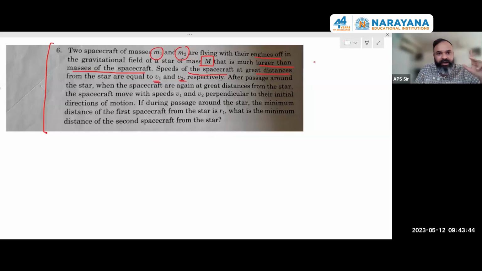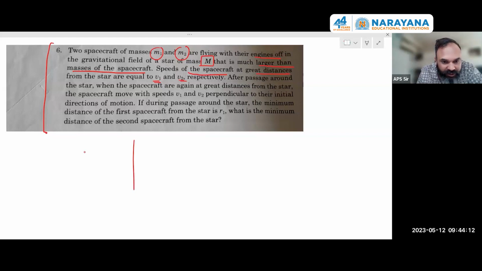So talk about one spacecraft. His speed at infinite distance is V1. So it's like a hyperbolic orbit with that speed V1. After crossing the star, it will follow a hyperbolic path with the center of the star acting like my focus, and it will go away, and at infinity it will have the same speed.